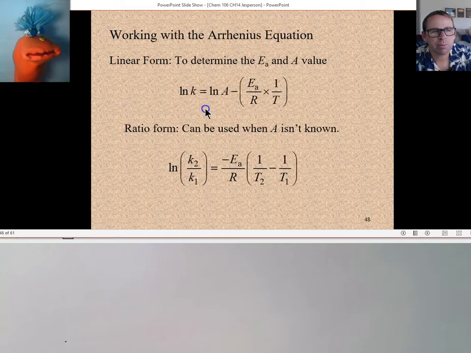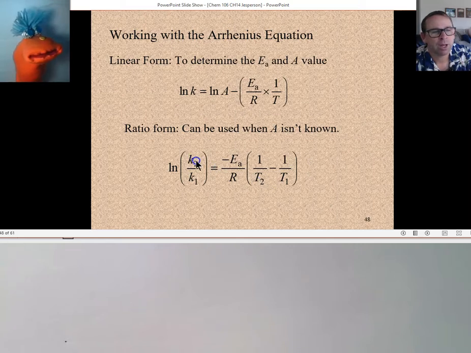So this can be rewritten in a linear form in such a way that if we have two reactions at different temperatures and we get the rate constants for those two reactions at those different temperatures, then we can set up a scenario where identifying both rate constants and having both temperatures will give us the activation energy. Or if we know the activation energy and the two temperatures and one rate constant, then we can identify the rate constant at the second temperature.